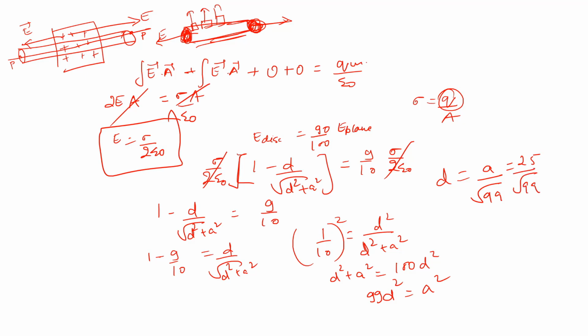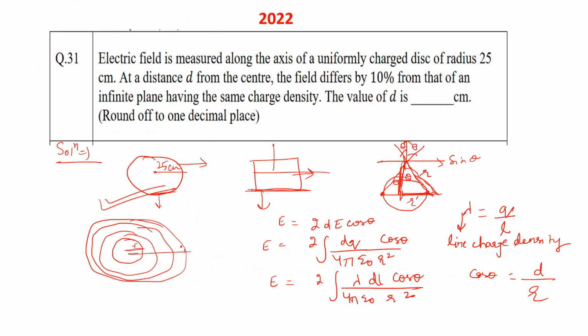So the value, if we take it as almost 100, will be 25 by 10, under root of 100 is 10, so it is 2.5 centimeter approximately. So the distance d will be 2.5 centimeter approximately.